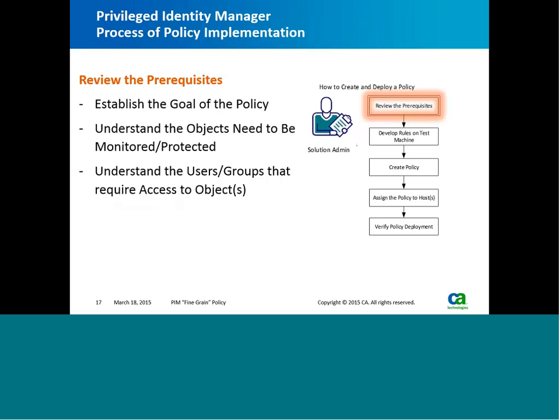And you need to also understand the objects, and make sure that the team as a whole understands what objects we're looking at protecting. When we as CA Services come into a meeting to deploy this, one of the things we like to do is interview those individuals and ask all the appropriate team members, any of those individuals that are affected, to make sure that this is what we're looking at protecting.